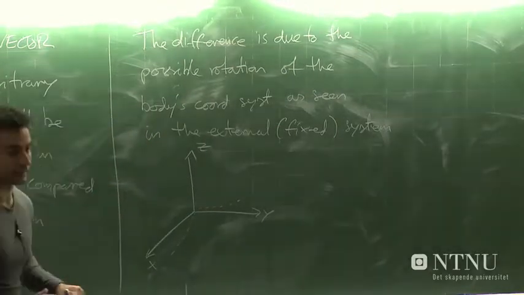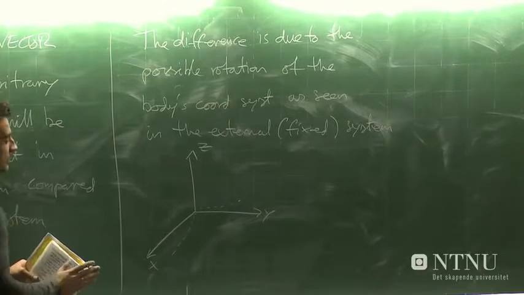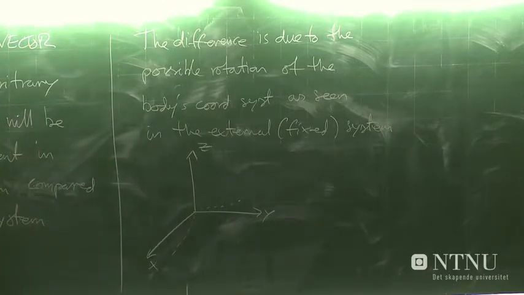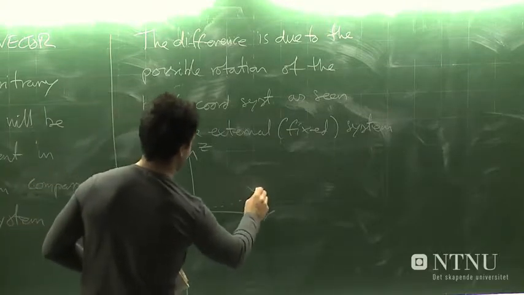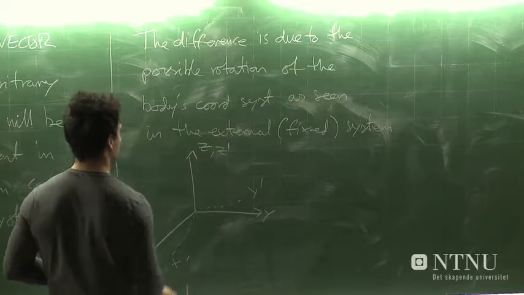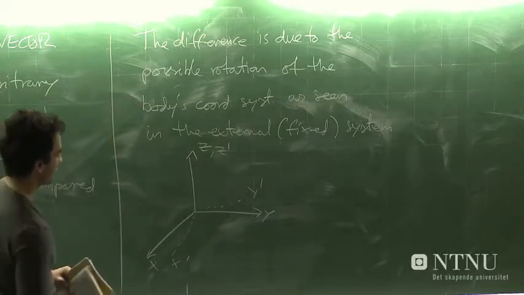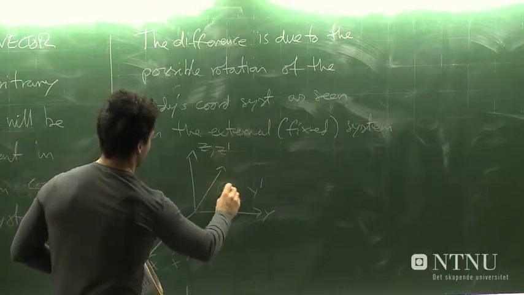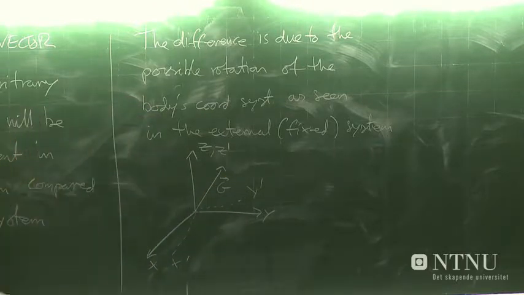To illustrate this, let's just consider a simple example of a body which is rotating around the z-axis. Let's say we have some vector here, g.